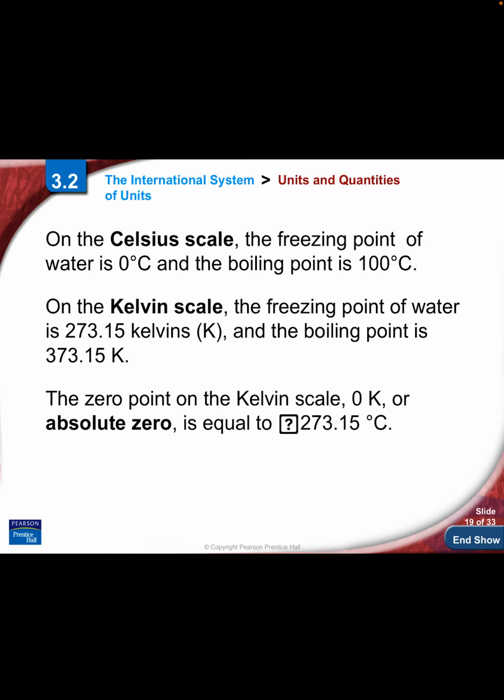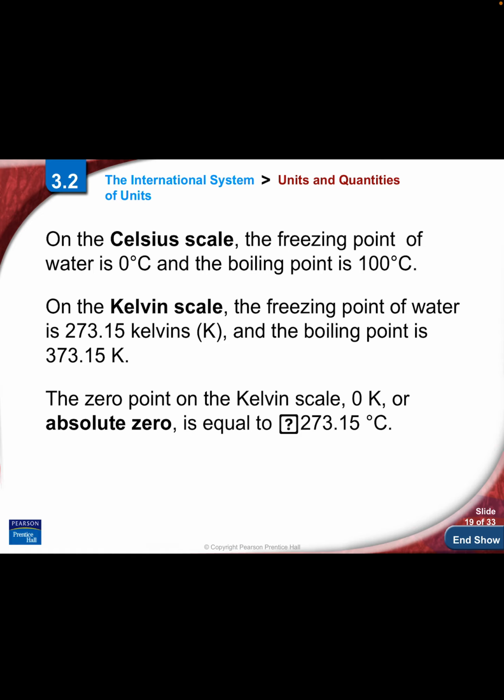They're equal to one another. But the scales are different because they start at different points. Celsius, like I said, the 0 degree point is the freezing point of water. On the Kelvin scale, the 0 degree point is a point we term absolute zero.